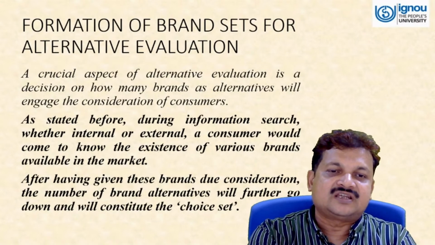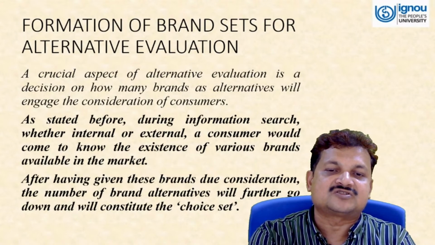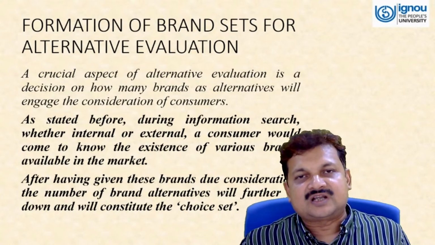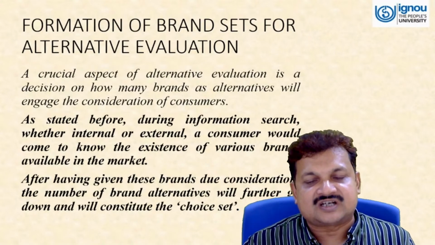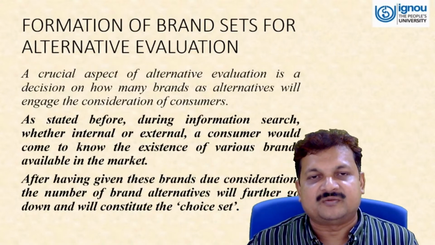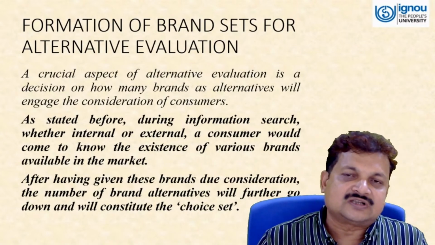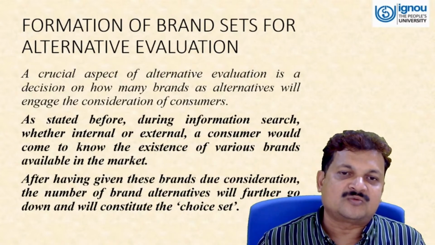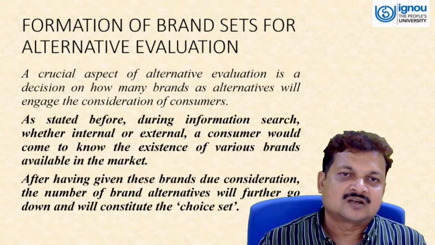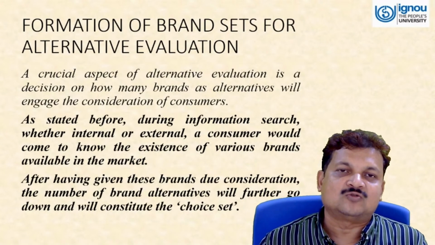Next, after giving these brands due consideration, the number of brand alternatives will further go down and will constitute the choice set. Sometimes your choice set becomes bigger or smaller. It depends on how many good brands you already have in your memory. Now new brands come into the picture through overexposure to different kinds of sources.